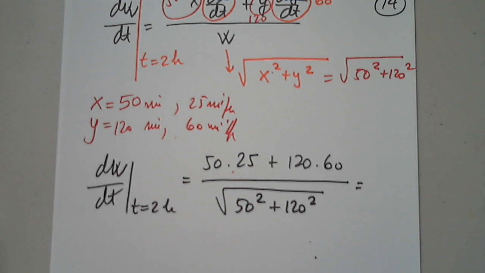And the square root, you know I love my parentheses, 50 squared, and then plus 120 squared, and close the parenthesis. When I hit enter, what am I getting and what is the measurement unit?